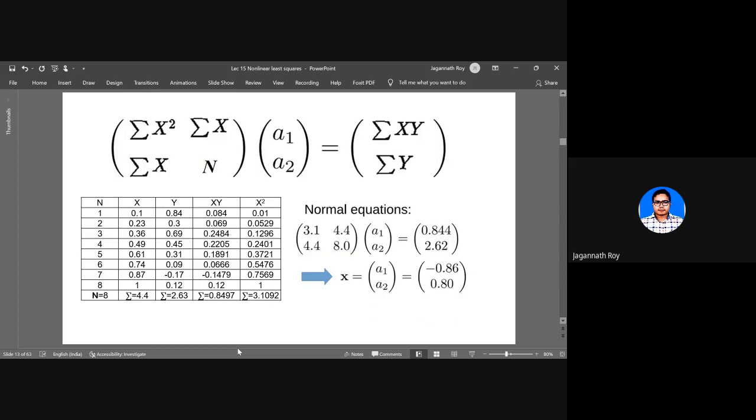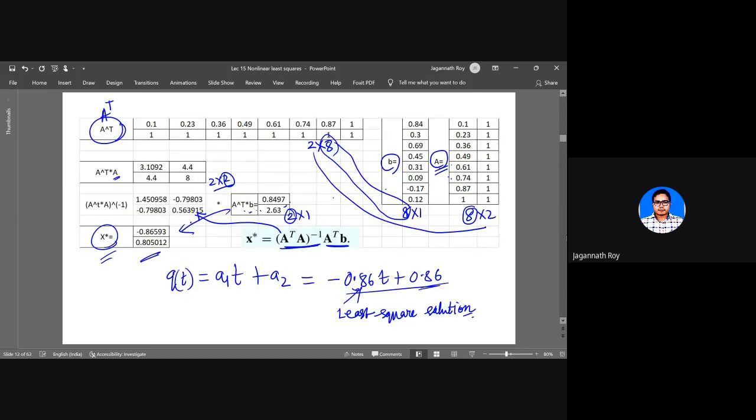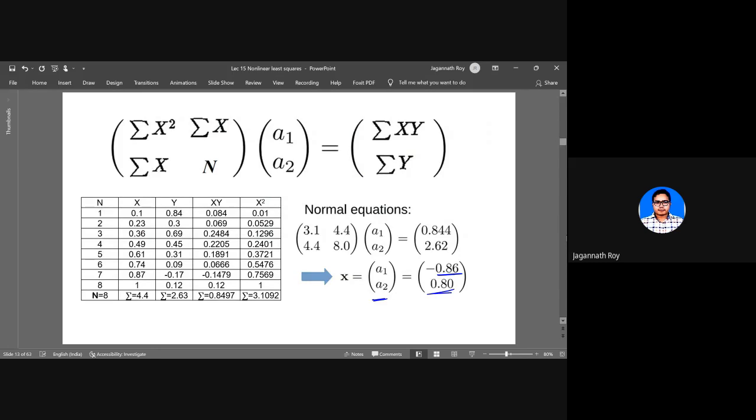Now, if you just recall, when we do not use this matrix form, what we have discussed in the previous lecture, same thing, you just calculate all the values and try to find out this solution. So this is almost similar to the solution. So in this case, we do not use this.